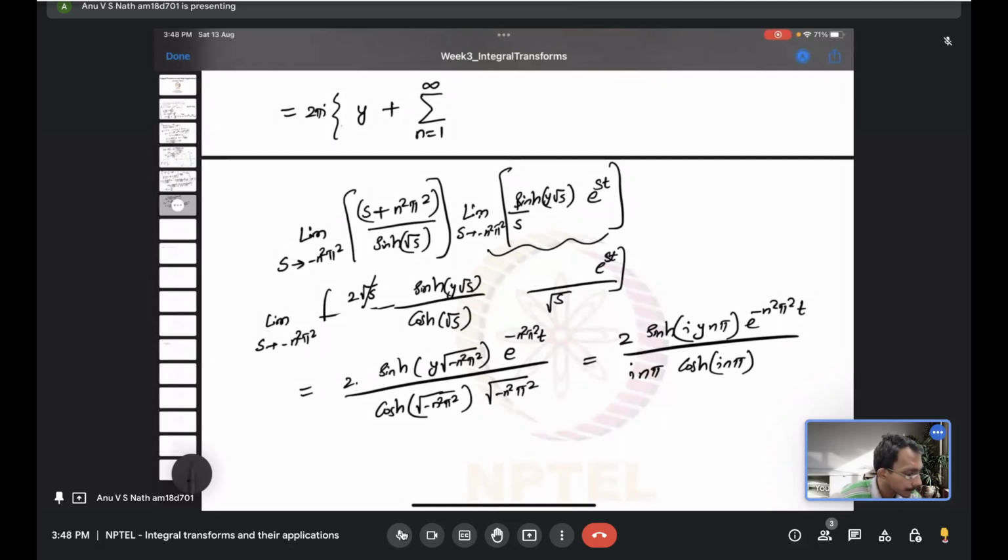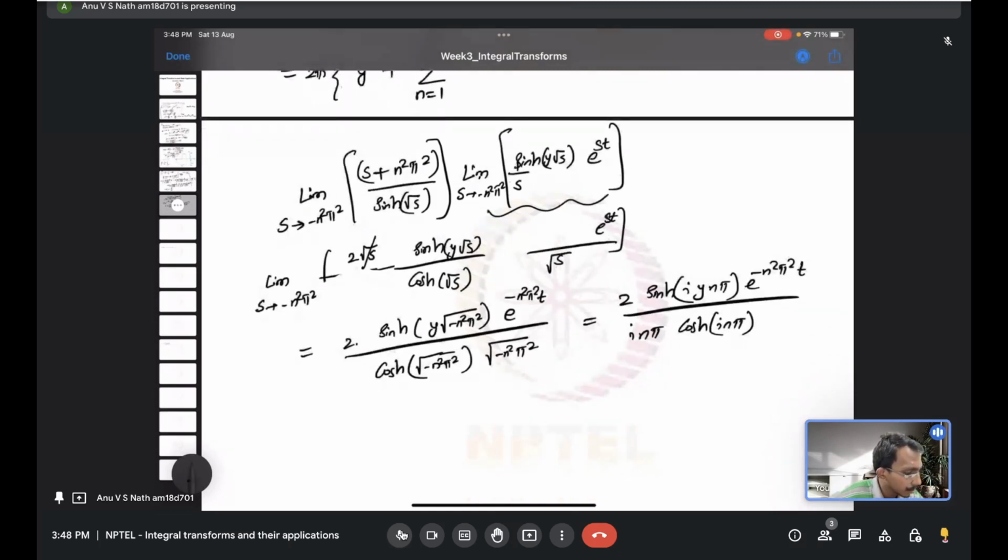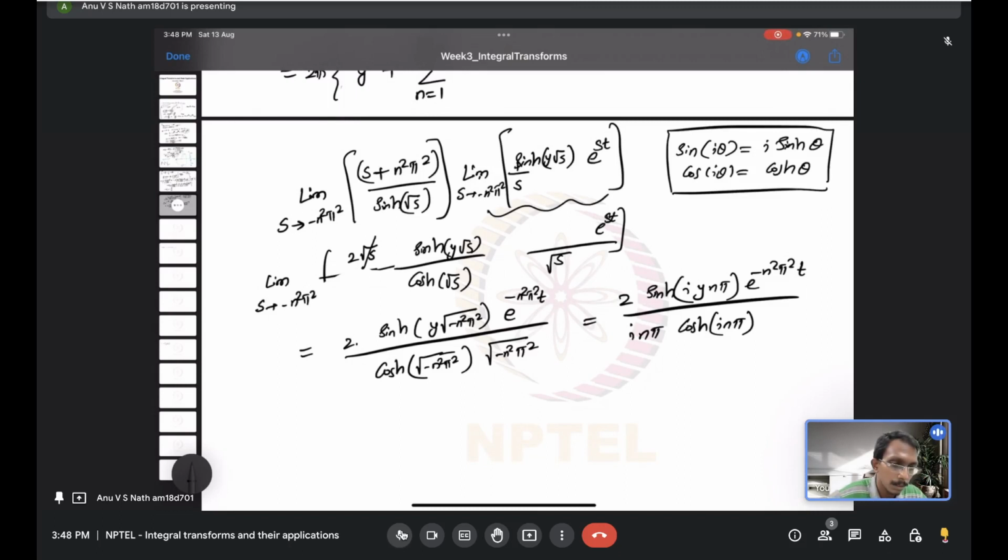Okay. So now the thing is that, as I mentioned earlier, sine of i theta is equal to i sinh theta, cos of i theta is equal to cosh theta. For any theta, this is the value. Okay, so that we are going to use here.